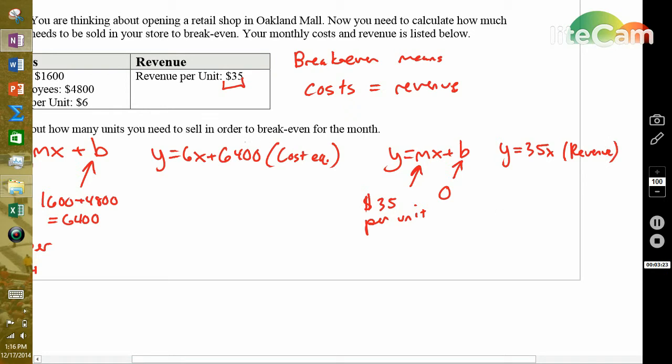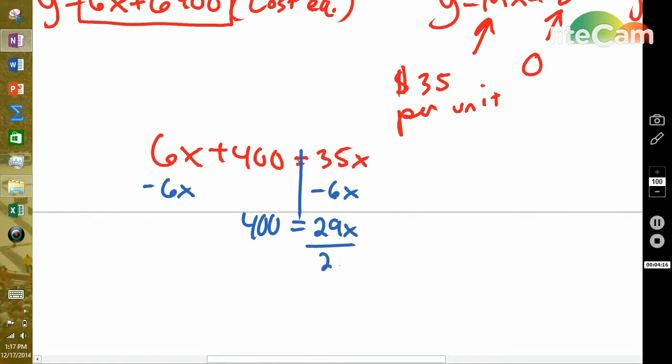Now, break even is when this cost equation is equal to that revenue equation. And you're going to have to round this number.